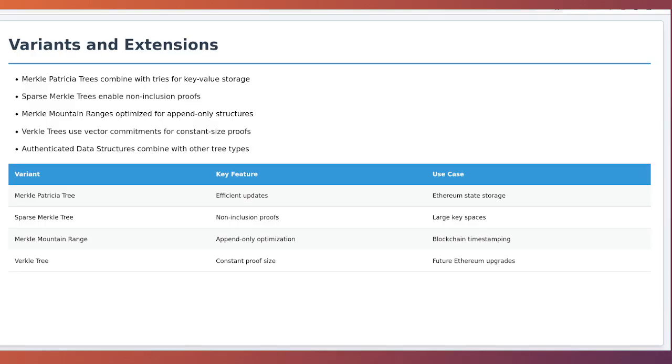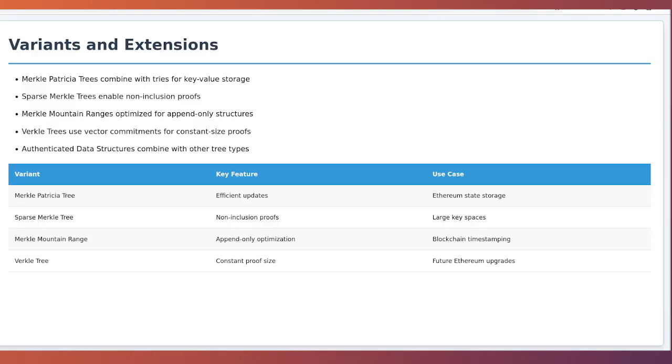Ethereum is considering Merkle trees for future upgrades to reduce the data light clients need. Authenticated data structures combine Merkle trees with other structures like skipped lists or balanced trees. These allow not just membership proofs but also range queries and ordering proofs, useful in database systems that need to prove query results.